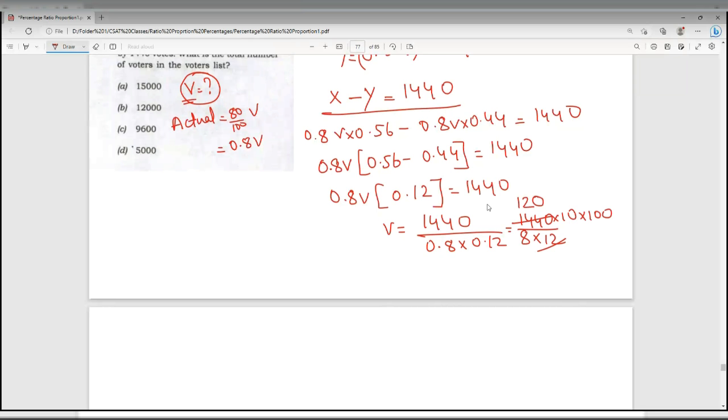So we get 30 into 5 into 100, that is 150 into 100, which is 1000 into 100, that is 15,000. So the correct option is option A.